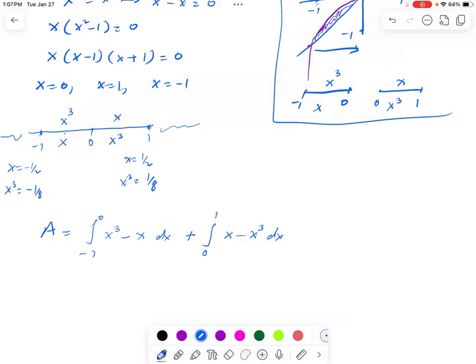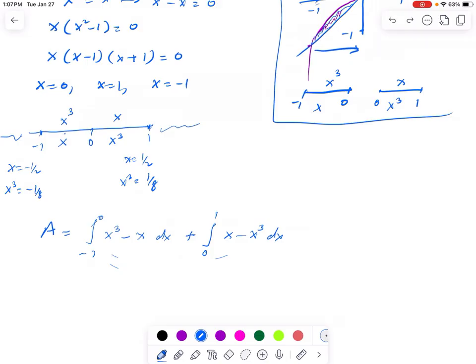Now notice here we cannot put them in one integral because the limits are different and the functions are different.